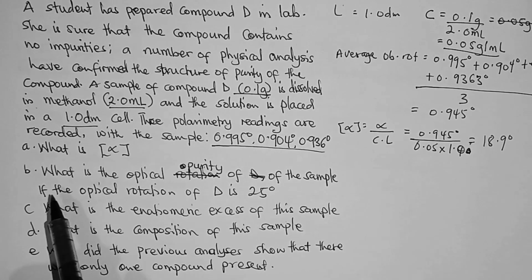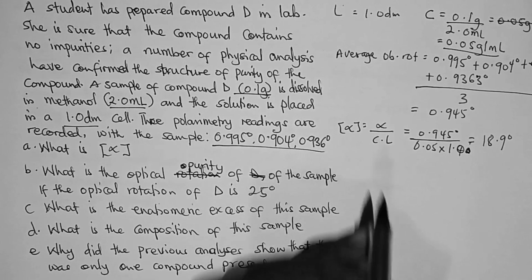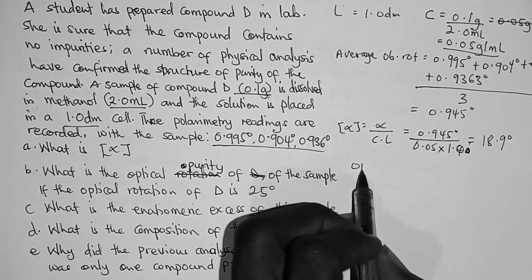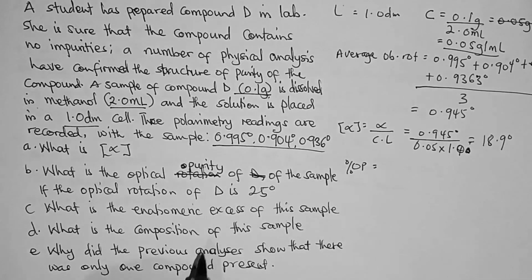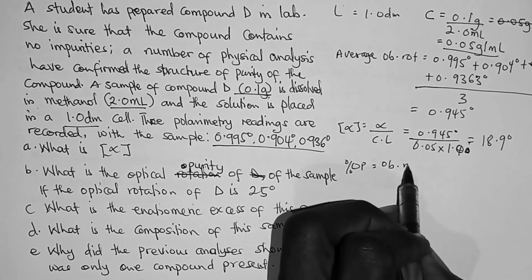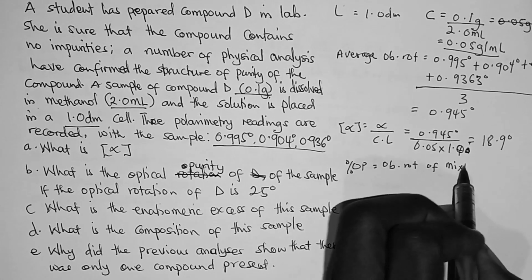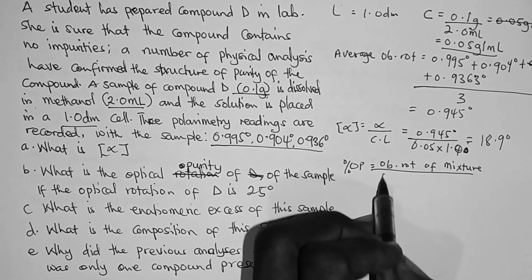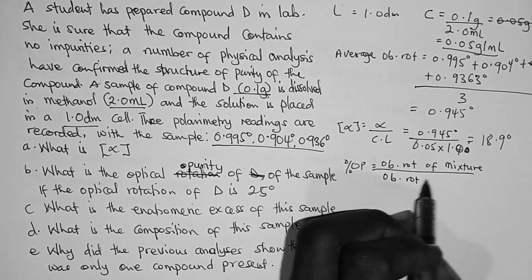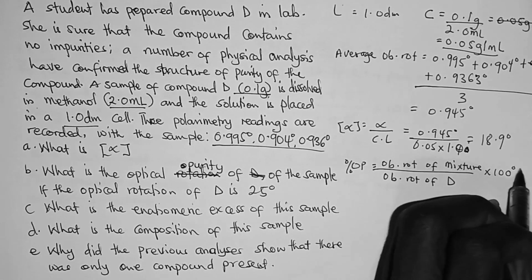Then the B part asks, what is the optical purity of the sample if the optical rotation of D is 25 degrees? So optical purity is equal to the observed rotation of the mixture divided by the observed rotation of the pure enantiomer, so in this case D, times 100%.